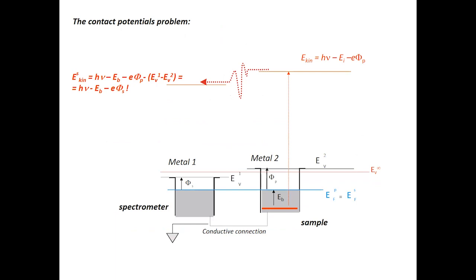This just says that the Fermi energy is a good reference level for photoelectron spectroscopy. That just says that the work function of your sample is not relevant, but only the work function of the material which your spectrometer is made of.